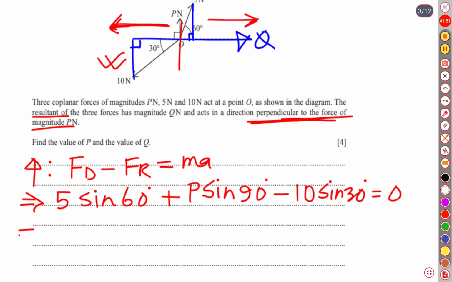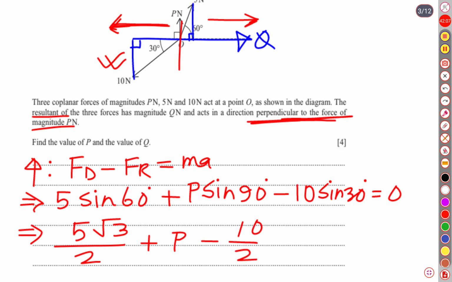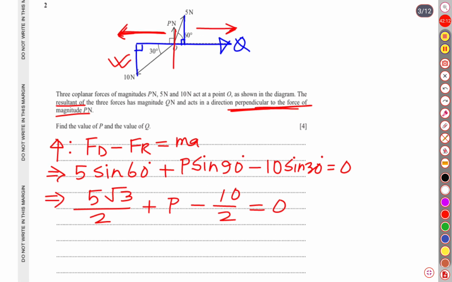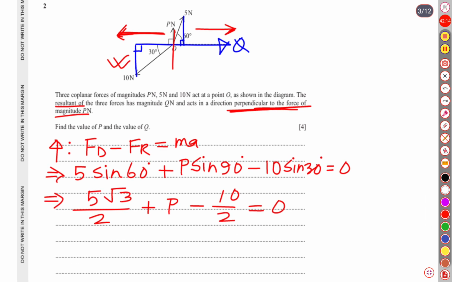Now let's see sine 60. We know that sine 60 is equal to root 3 over 2. So 5 root 3 over 2 plus P minus 10 over 2, since sine 30 is half, equal to 0. If we isolate P, then P is equal to 10 divided by 2, which is 5, minus 2.5 root 3.